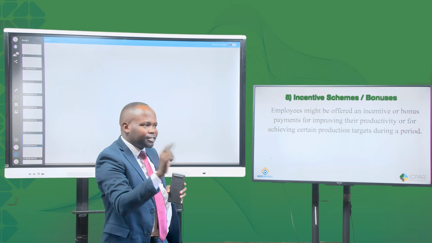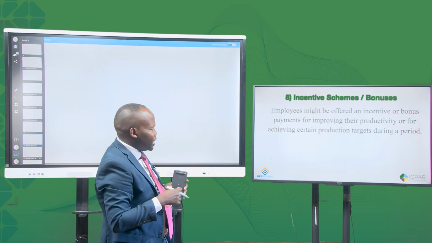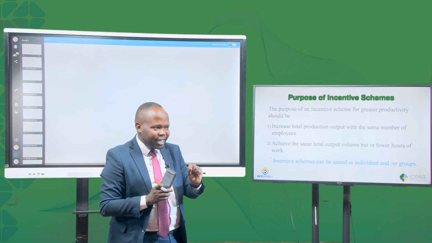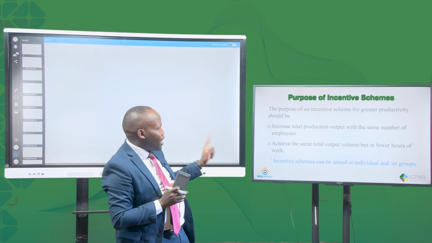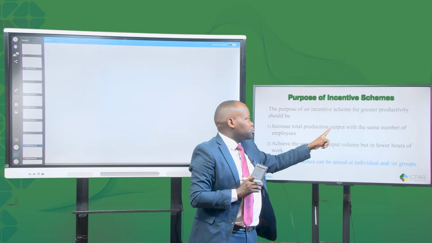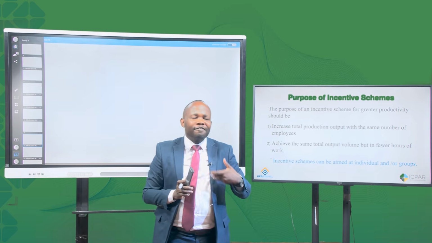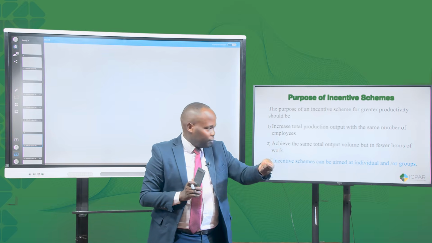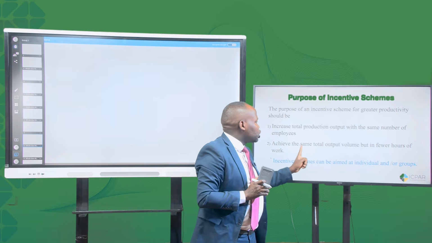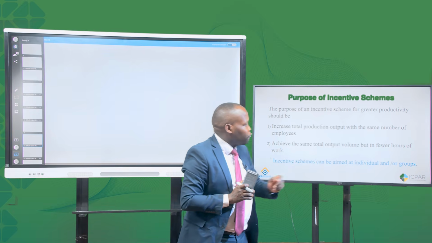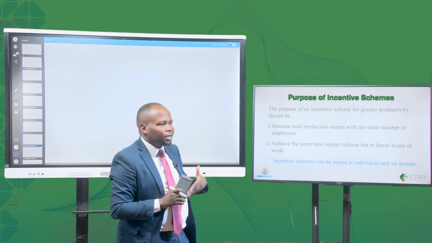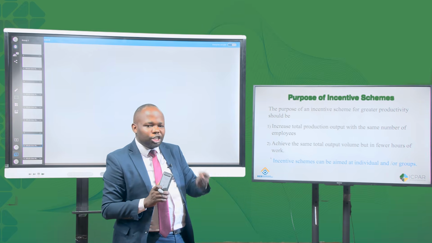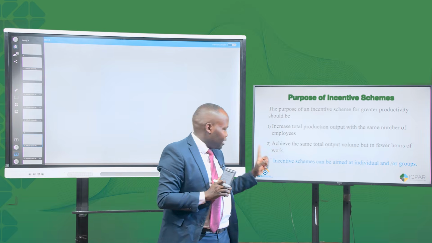Why do we have incentive schemes? Number one, to increase the total production output. We give a bonus to enable employees improve on their productivity. And number two, to achieve the same total output volume, but in fewer hours. We give a bonus to enable employees to work faster and achieve a certain output level.